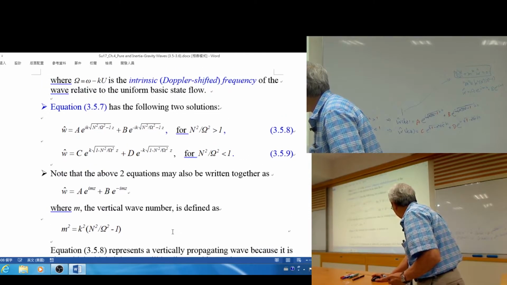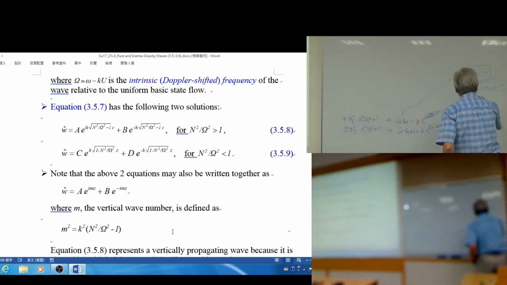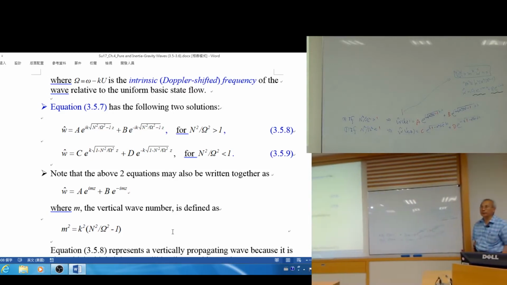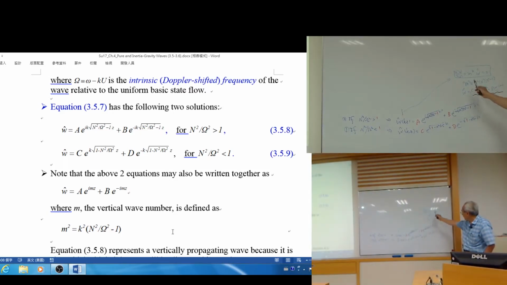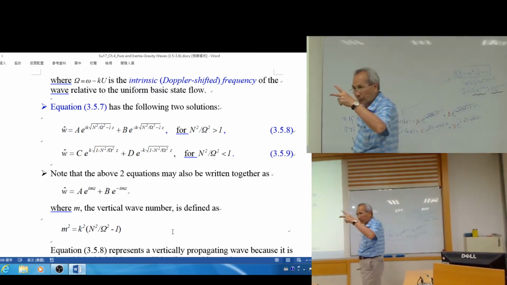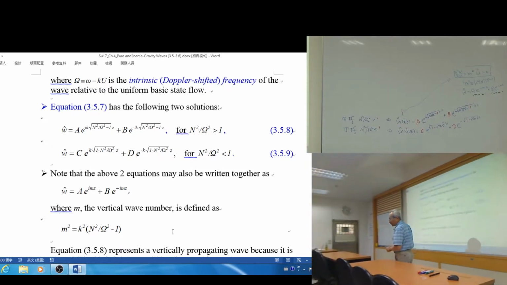Before I do that, let me discuss this a little bit. Now we have two terms. In general, because this one is second order in z, it requires two boundary conditions. What are they?